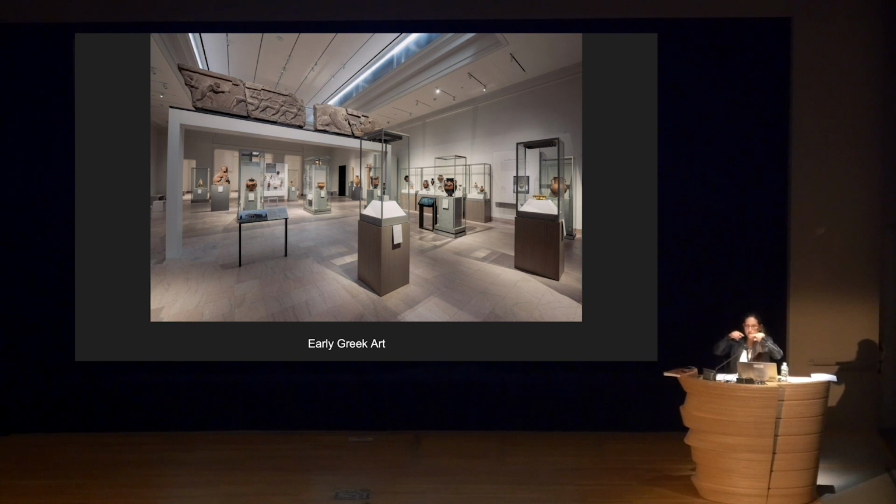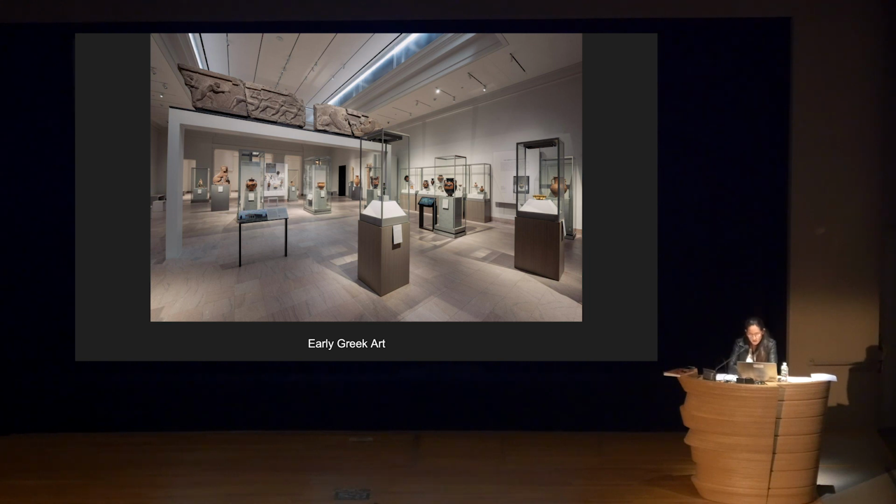Oftentimes, you cut out a photo of the objects and keep arranging them until something coherent presents itself. After all of that, and really with the help of our head of interpretation at the time, Adam Tessier, I devised a 2-part plan.